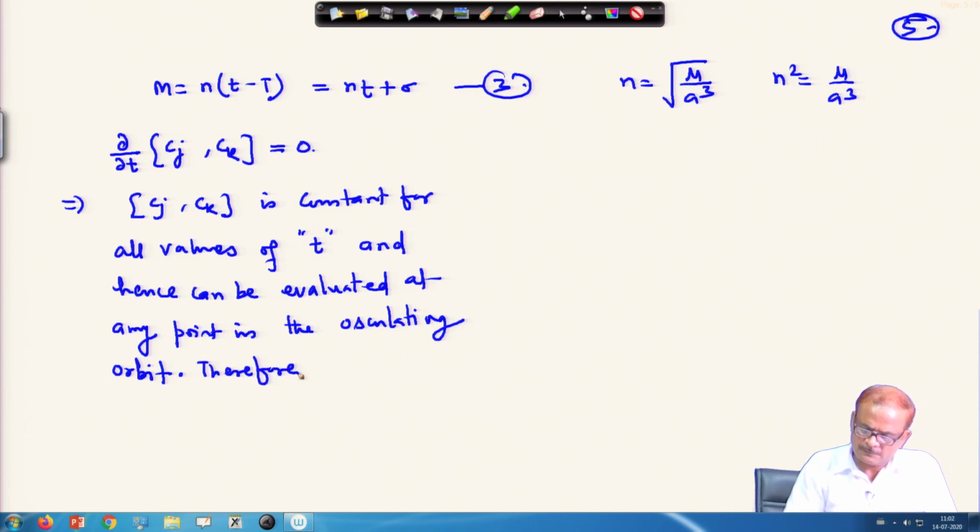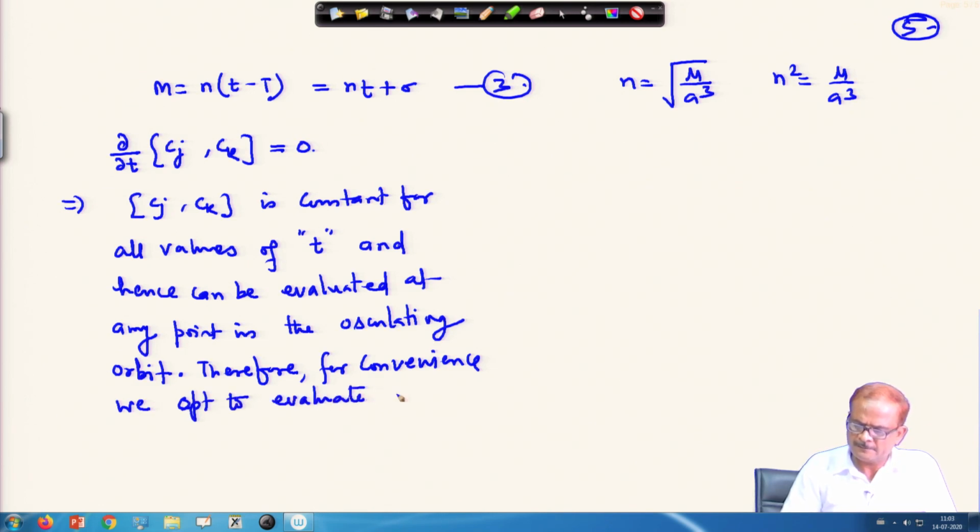Therefore, for convenience, we opt to evaluate the Lagrange bracket at the perigee.